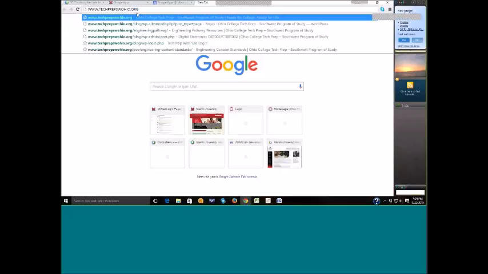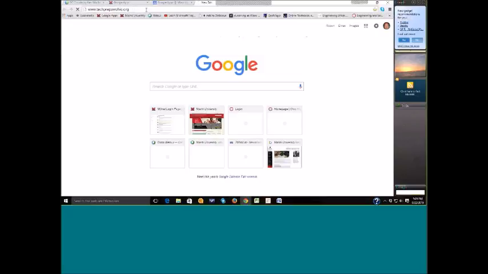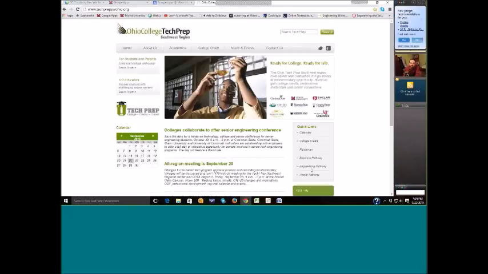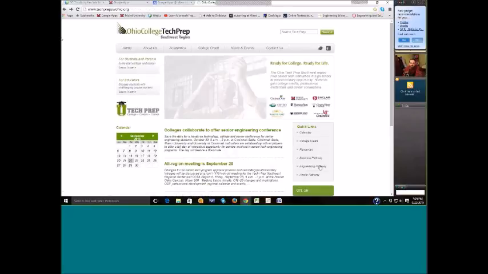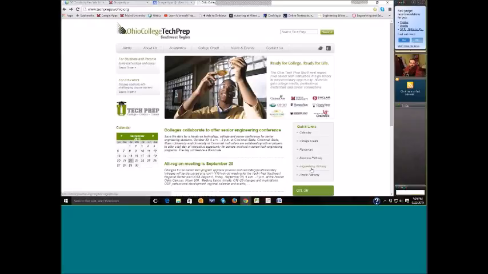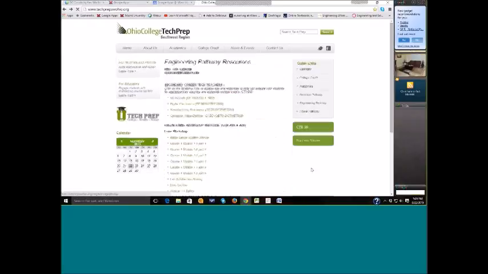You can see that here. If you hit enter, come over to the engineering pathway on the right-hand side. If you select that, it'll take you to the resources for rubrics and class materials and so on.